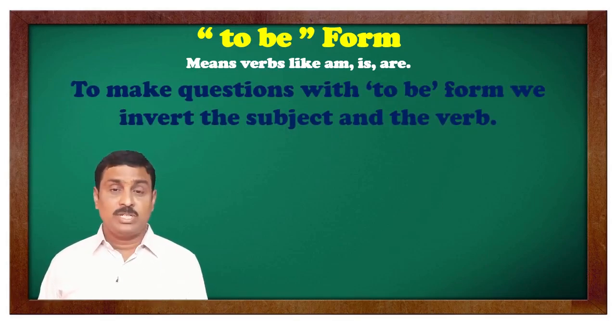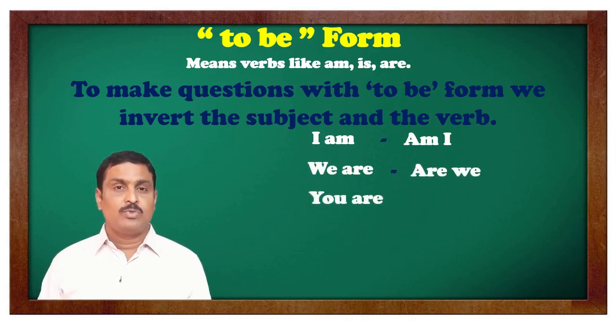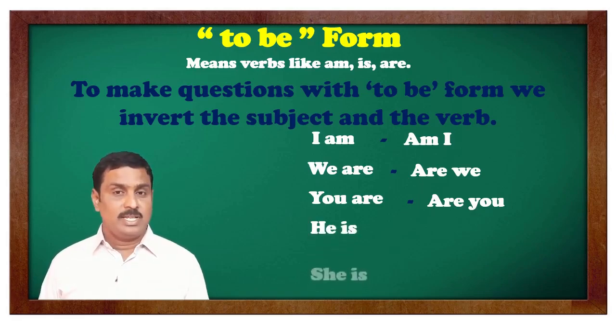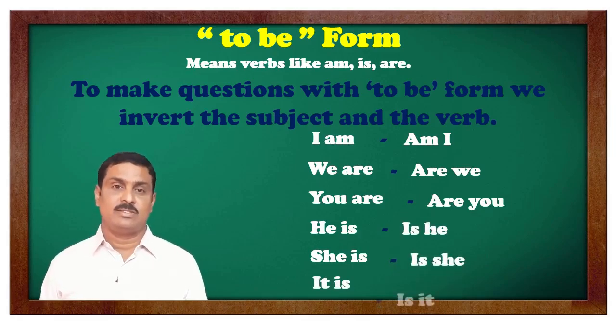If we have the subject and verb like I am, we should invert them as am I. If we have we are, we should invert them as are we. If we have you are, we invert them as are you. If we have the subject and verbs like he is, she is, it is, then we should invert them as is he, is she, is it, like this.